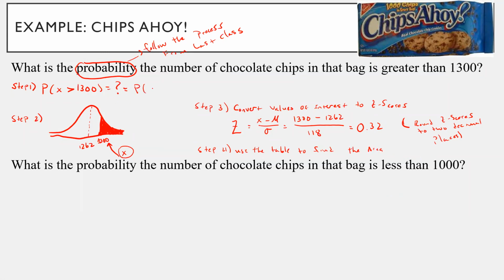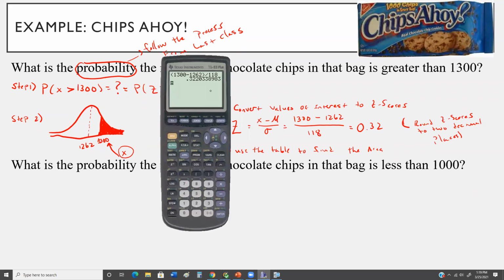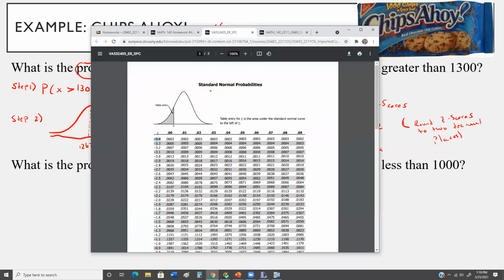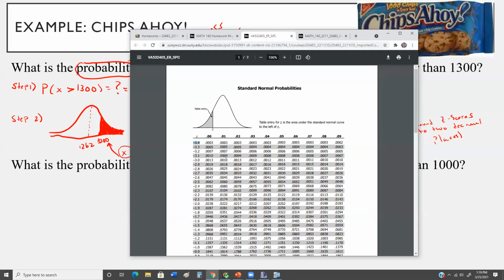So this becomes, you can even write it like this: what's the probability a z-score is greater than 0.32? All right, now here's the thing. If you remember from last class, does the table give the area to the right or to the left? It only gives one of them, but you can use it to find both.